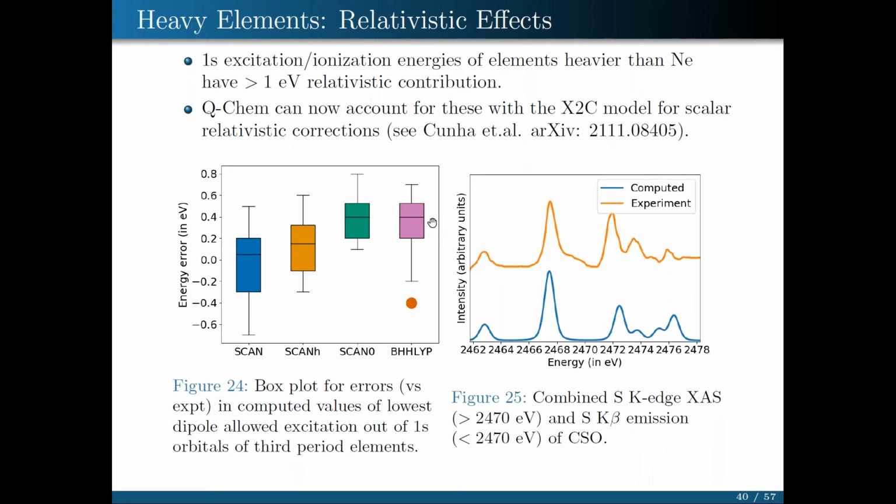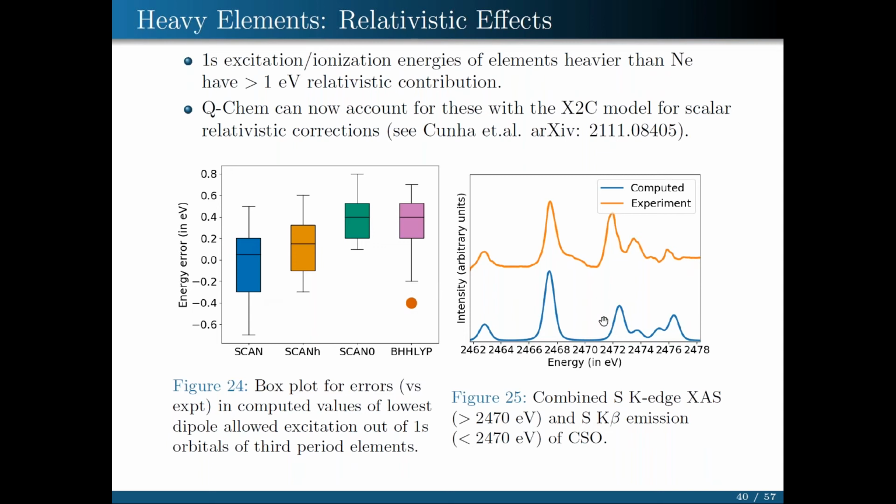But by using this X2C model, we can compute 1s excitation and ionization energies of elements as heavy as chromium, and find that similar errors as the light elements appear. Like for the light case, there's a box plot of errors for the excitation energies for heavy elements like sulfur, chlorine, phosphorus, and silicon predicted by SCAN, and we see that it's again in that 2.3 eV band, similar to the light elements.